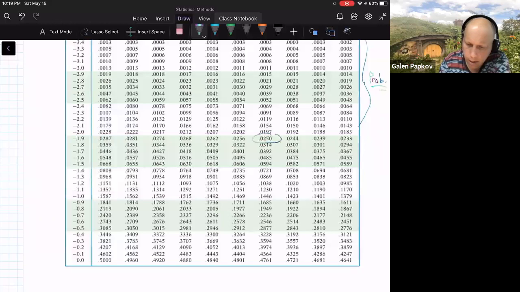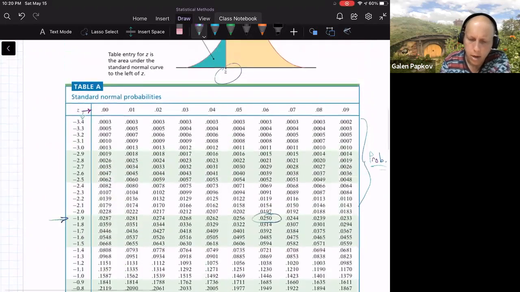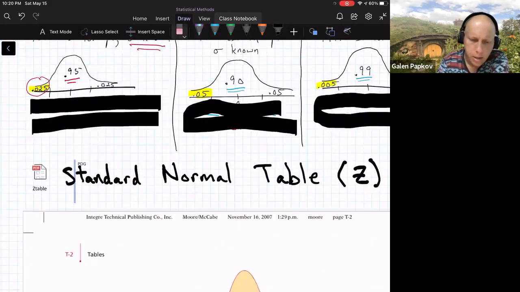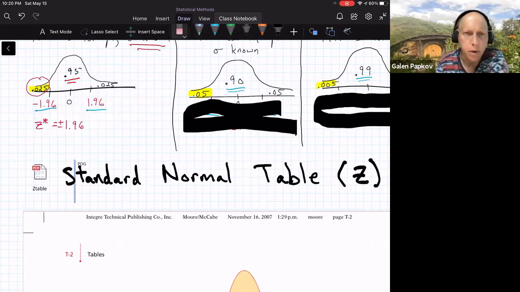As I look through, I see 0.025 right there. If I go to the left, I see that it is in the negative 1.9 row, and it's in the 0.06 column, which means that one of our z-scores is negative 1.96. But by symmetry, the other z-score must also be positive 1.96.